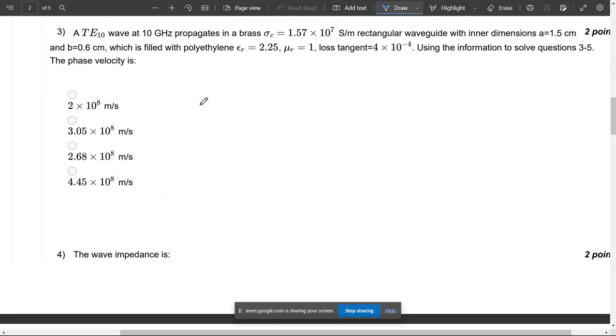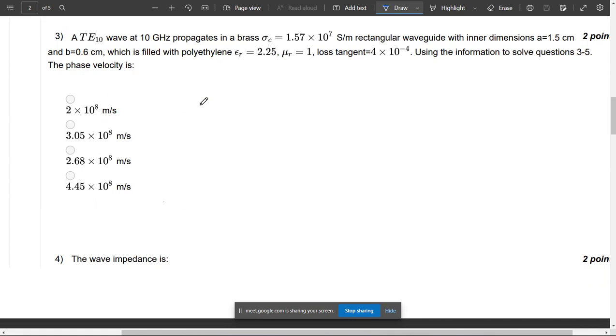Let's try to solve question number 3 here. Question number 3. A TE10 wave at 10 gigahertz propagates in a brass, sigma c equal to 1.57 into 10 to the power 7 Siemens per meter, rectangular waveguide with inner dimension A equal to 1.5 centimeter and B equal to 0.6 centimeter, which is filled with polyethylene.